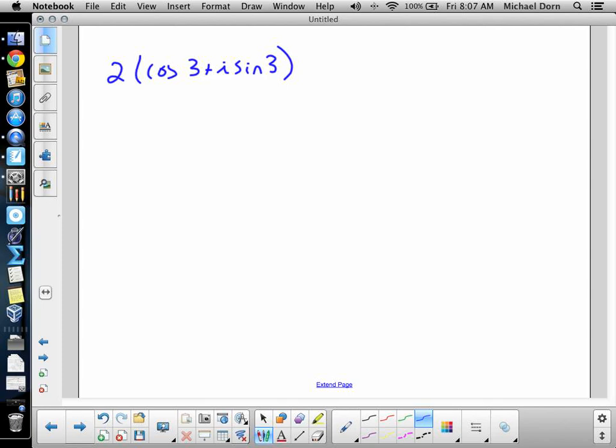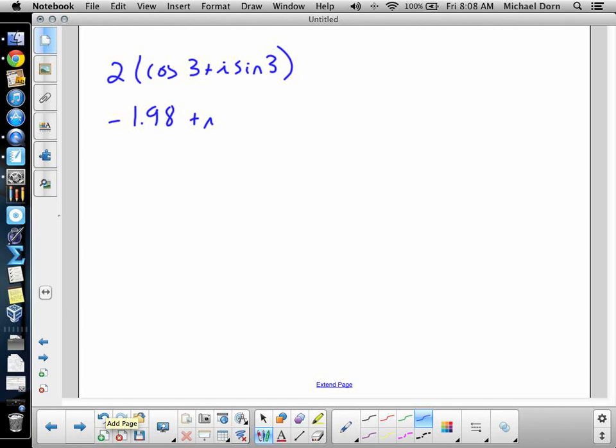All that is we multiply out 2 times cosine 3. 2 cosine 3 in radians is -1.98, because the angle is given in radians. Okay. Sine 3. Sine of 3 radians is 0.1411.